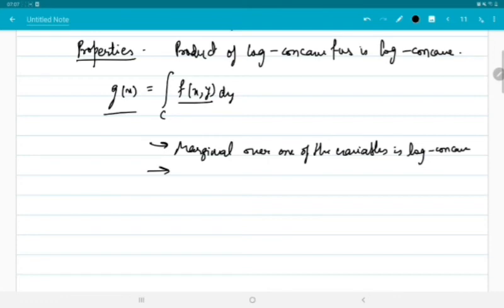Then we have that the convolution is log concave, because convolution is also an integral. So convolution is also log concave.